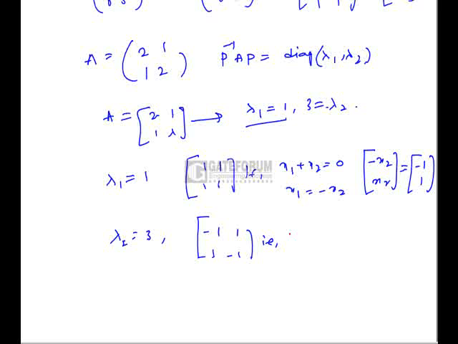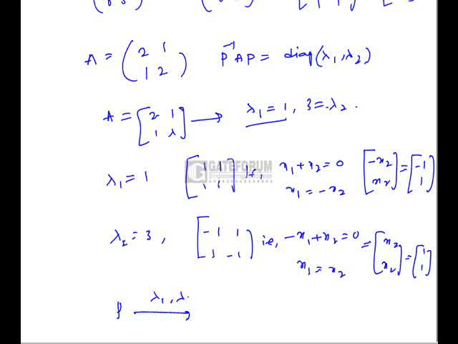That is minus x1 plus x2 equals 0, that is x1 equals x2. We can write this as x2 and x2, so that is nothing but 1 and 1. Now P is a matrix of the eigenvectors, and we already know the vectors. So the required matrix P will be minus 1 1 1 and 1, which is nothing but option C.